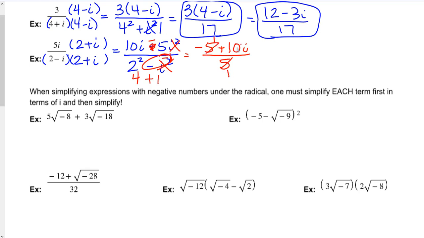I'm going to divide everybody by a 5, and this is going to be my final answer. I have a -1 plus the 2i, and if I put that all over 1, I really don't need that. So, if it all cancels in the bottom, you can leave that denominator off, leaving me with -1 plus 2i as the final answer. Okay?